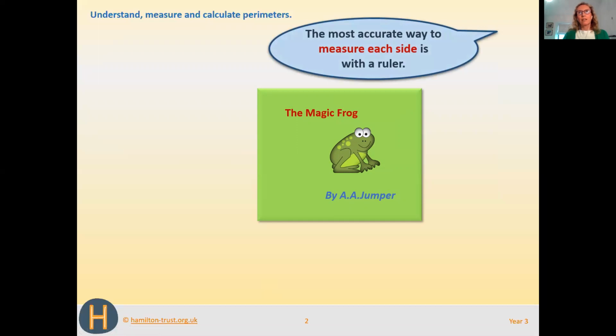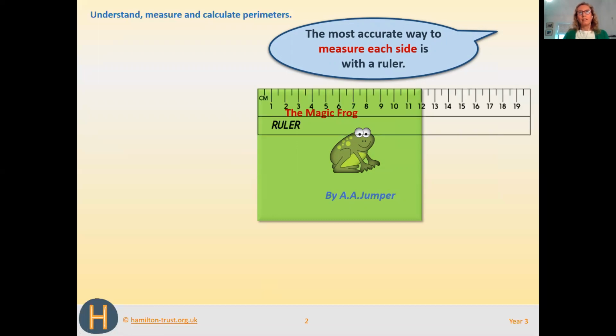So the most accurate way is to measure each of the sides using a ruler. So we can see here that the ruler, the 0 is right on the edge of the book here. And then we read the scale and we can see that the top of the book measures 12 centimetres.